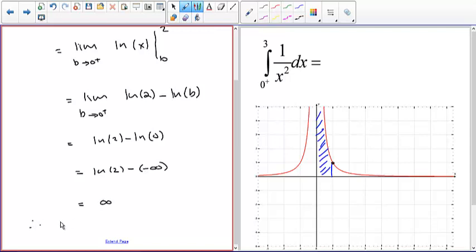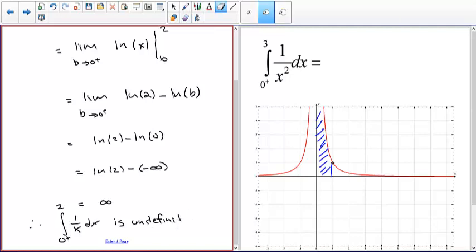Therefore, the integral of 1 over x dx from 0 plus to 2 is undefined, infinite. Can't spell undefined.